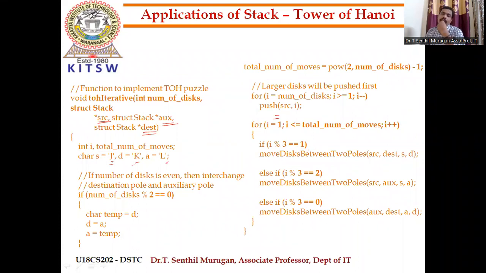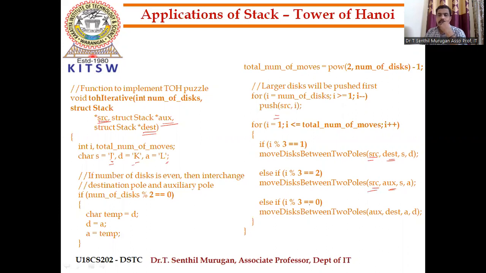If the remainder is 1, it will go from source to destination, SD, moving between two poles. If the remainder is 2, move disk between two poles, from source to auxiliary.